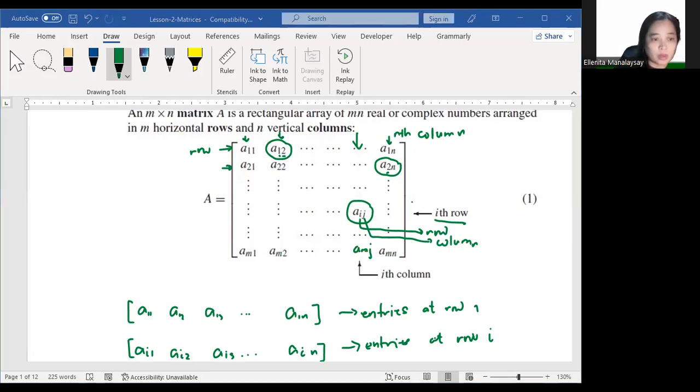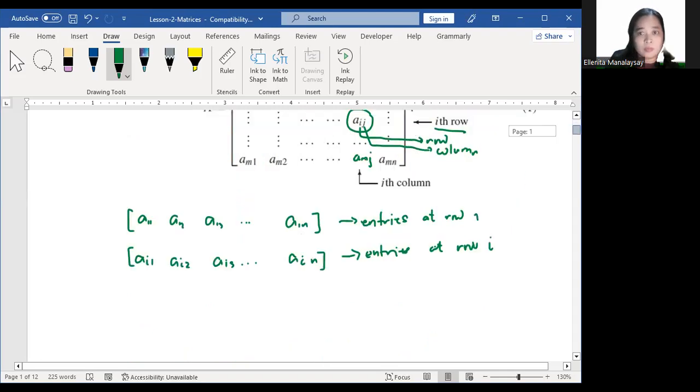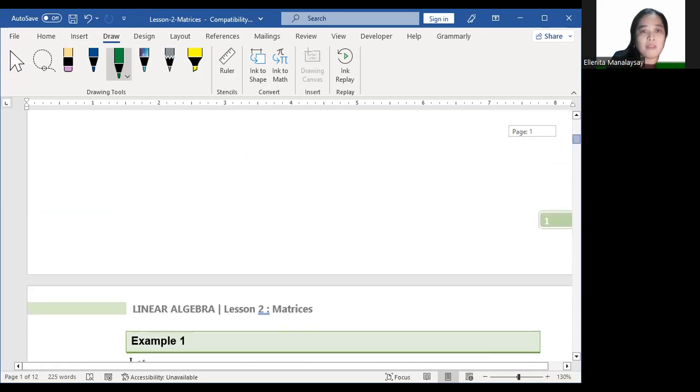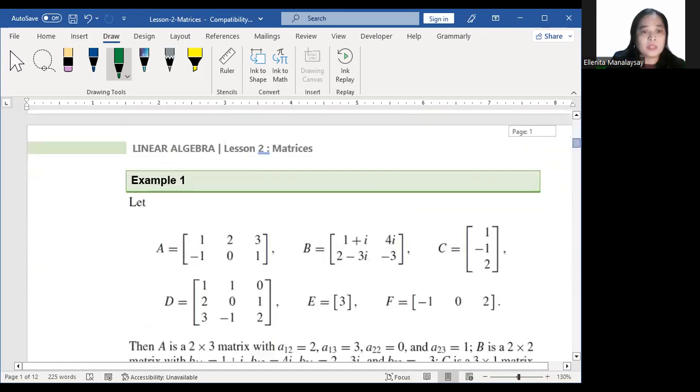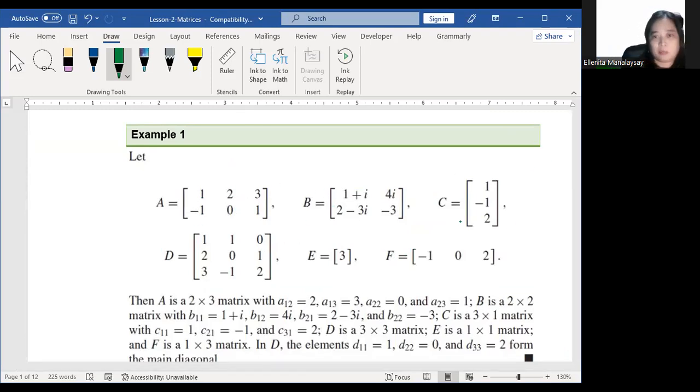Let me say for example, we have how many matrices here? We're given 6 matrices here: matrix A, matrix B, matrix C, D, E, and F. So let's consider each matrix.